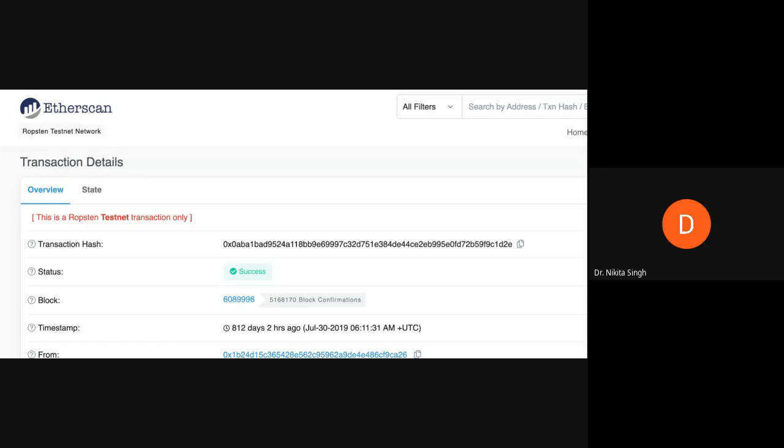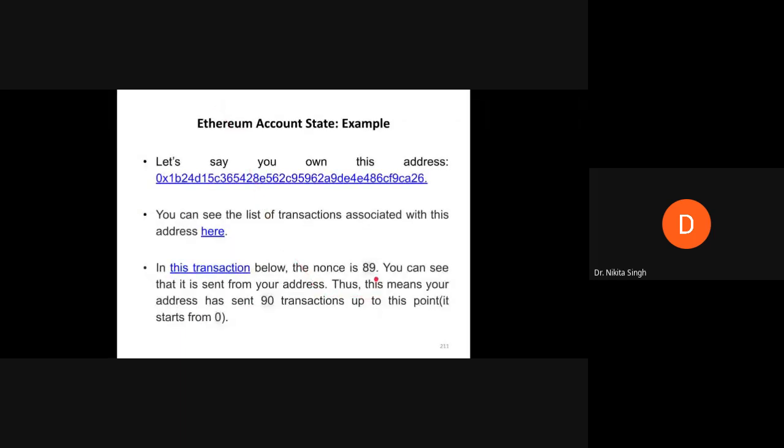So that information, the balance information, everything is present inside the Ethereum account. So this is the nonce that we have been talking about. So the nonce was 89, which means you have sent up to 90 transactions as it starts from 0.